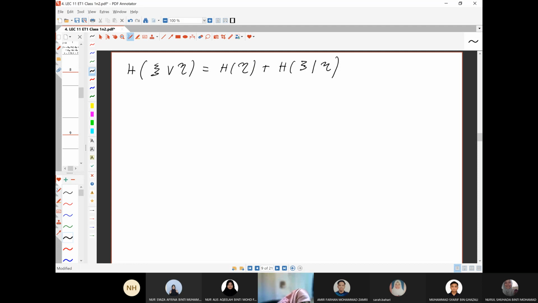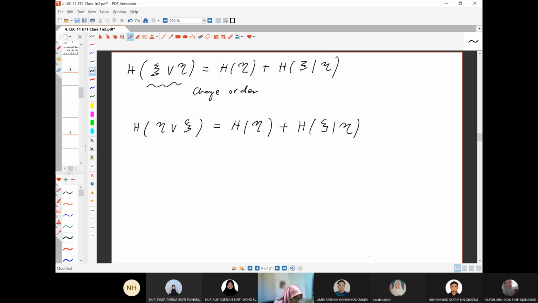So let's change the order. The entropy of eta join with psi is equal to the entropy of eta plus the entropy of psi given eta. We change the order on the left side, but the right-hand side is the same.